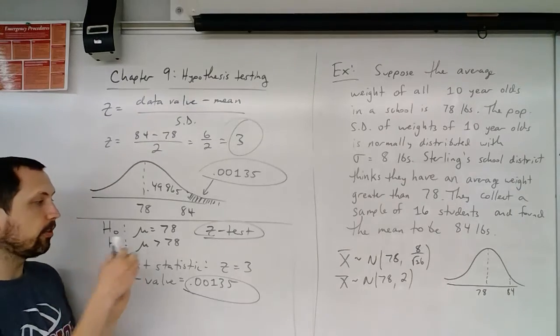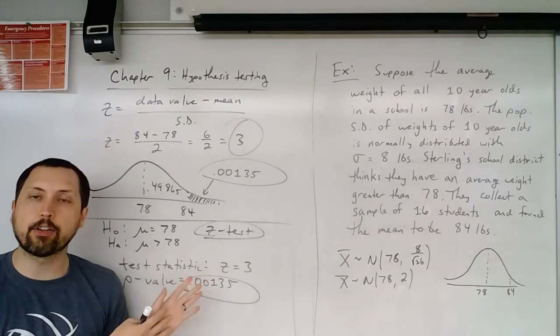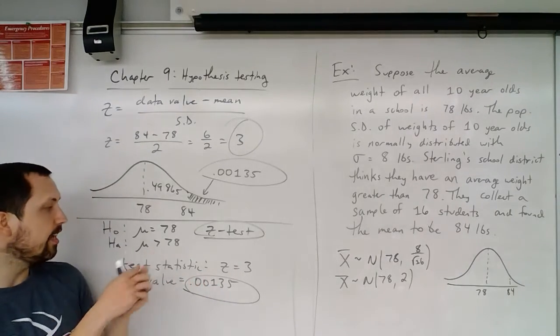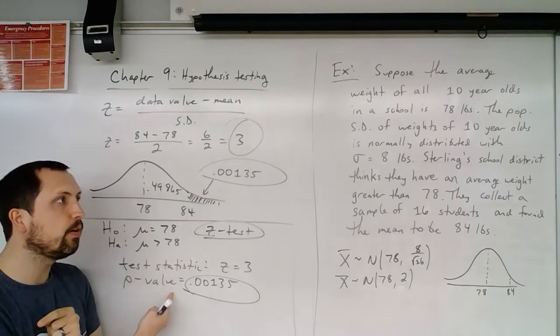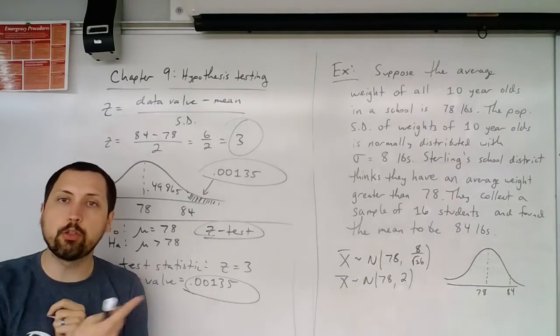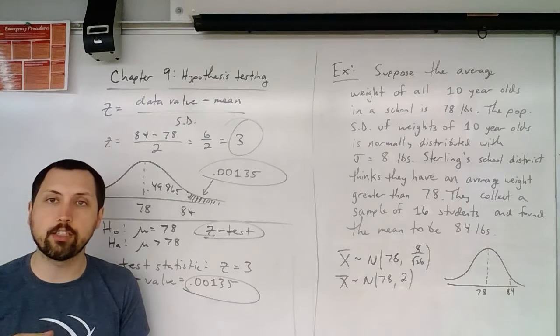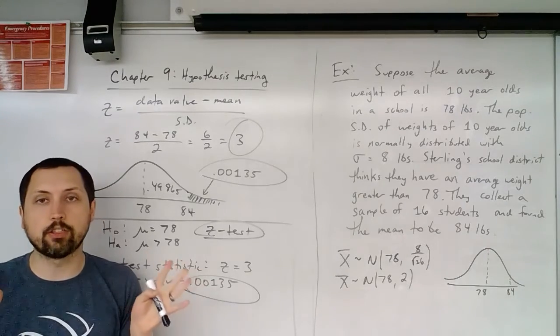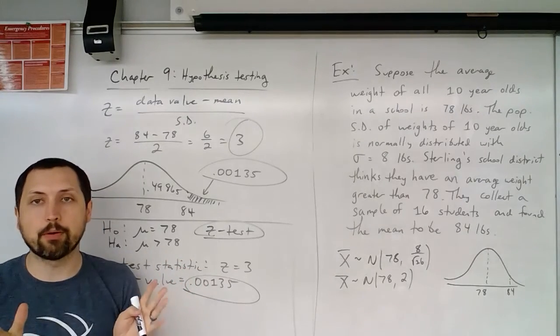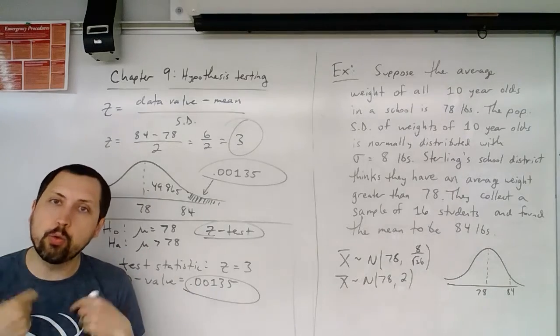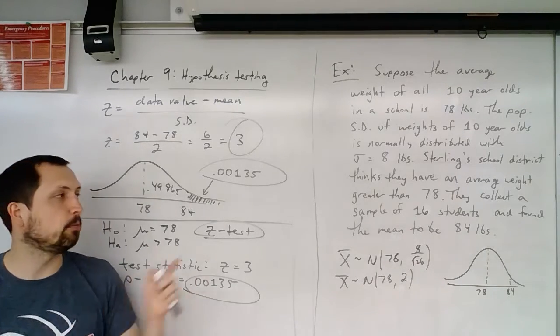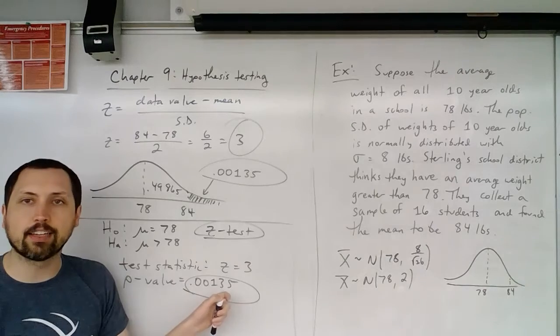So these numbers that appear from your calculator when you're doing hypothesis testing, the test statistic and the p-value, are all things that you could do by hand if you wanted to. Obviously, we're not going to do that, and I would not encourage that whatsoever. But you have the tools and abilities to take care of these by hand.